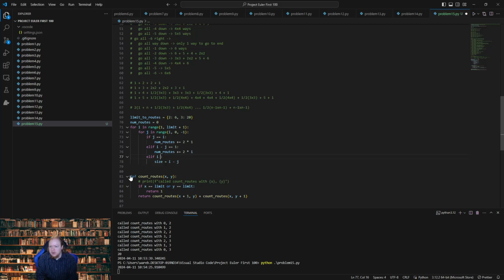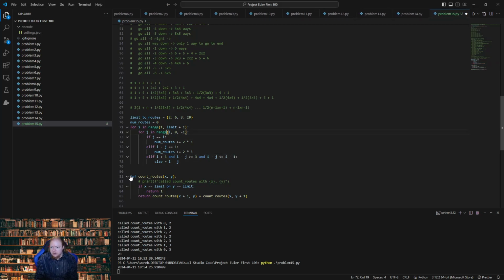So else if i greater than 3 and i minus j greater than or equal to 3 and i minus j less than or equal to i minus 1.